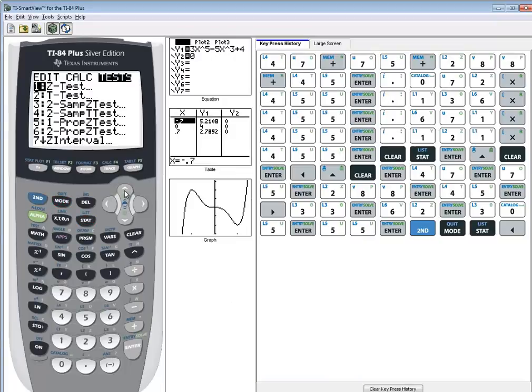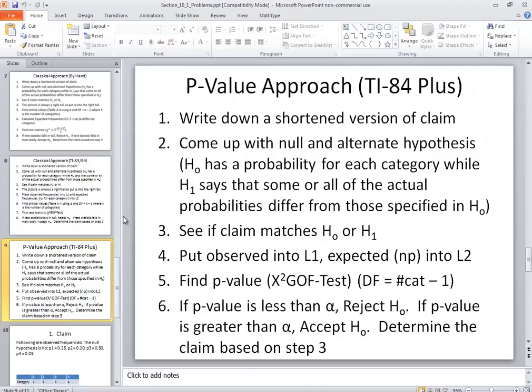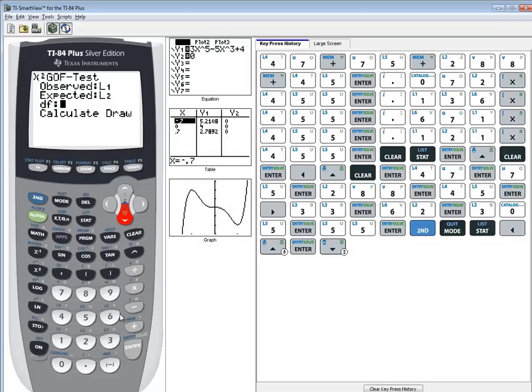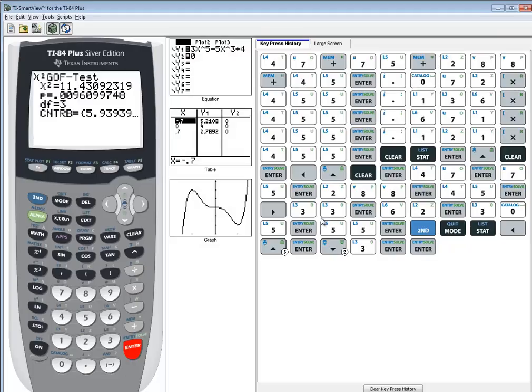Left arrow test. Up arrow until I see the chi-square goodness of fit test. I press enter on it. Asks us for observed, which we put into L1. Expected, which we put into L2. Degree of freedom, we just said was 3. And then I'll choose calculate. Then we get P is equal to 0.0096.